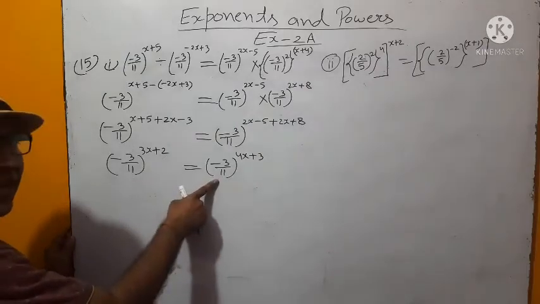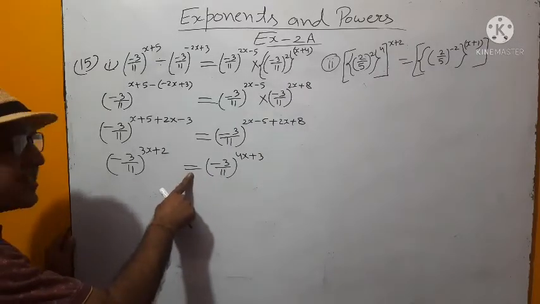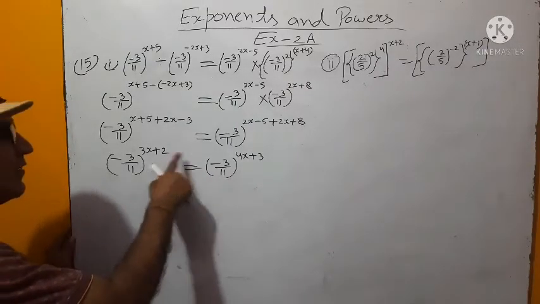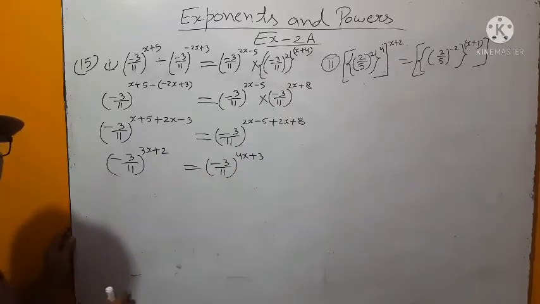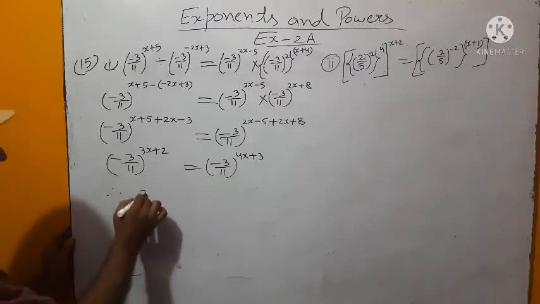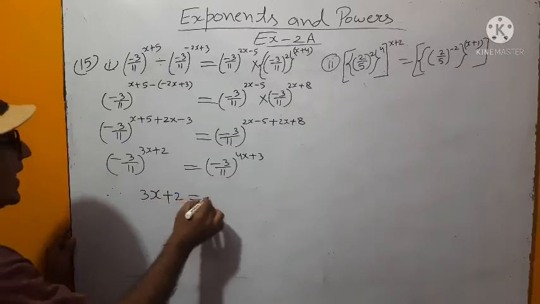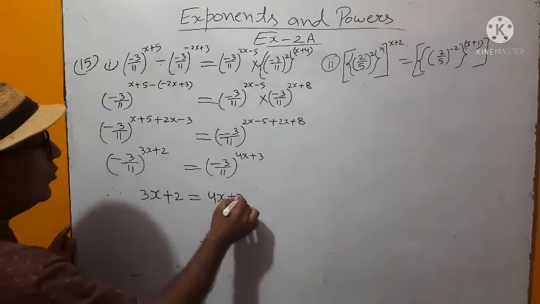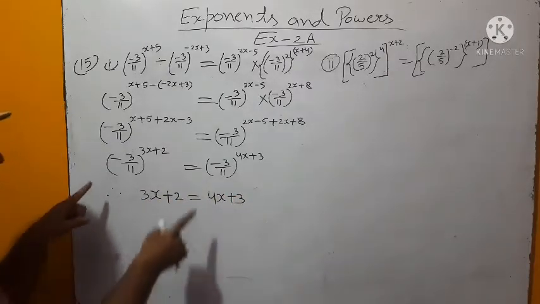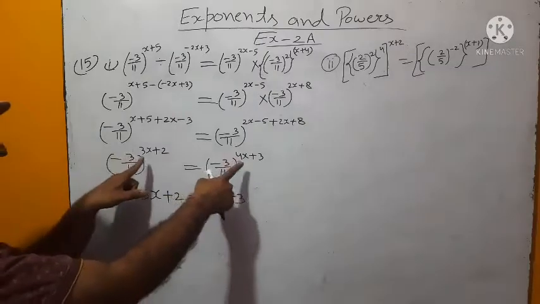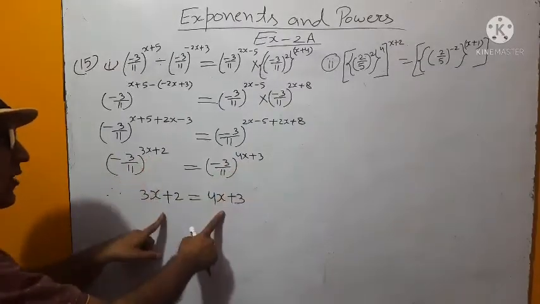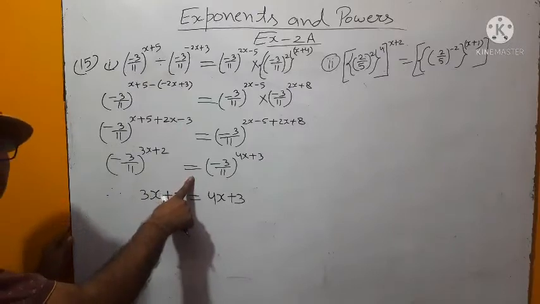If bases are same and there is equality, then definitely the exponents will also be equal. That means you can write here 3x plus 2 is equal to 4x plus 3. Because bases are equal, so definitely exponents should also be equal, then only this statement will be correct.